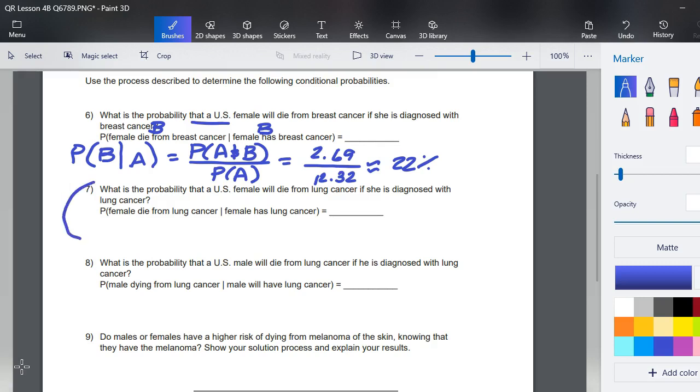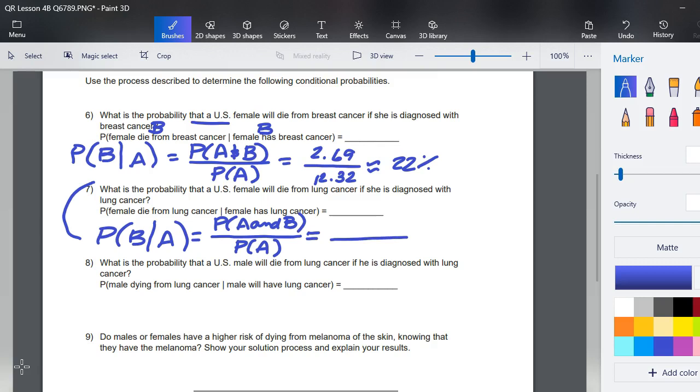Number 7, what's the probability that a United States female is going to die from lung cancer given that she's been diagnosed with lung cancer? So we need to find the probability that this person had and died from lung cancer divided by the probability that they have the cancer.